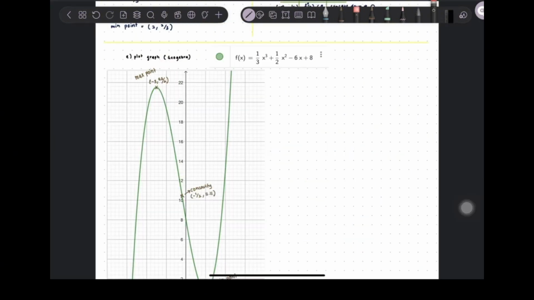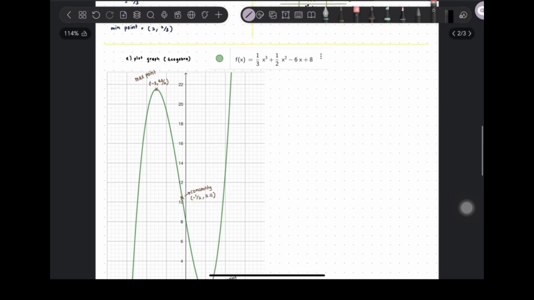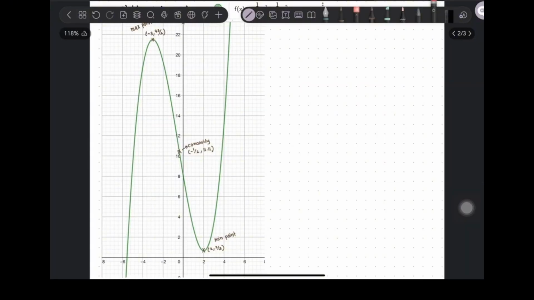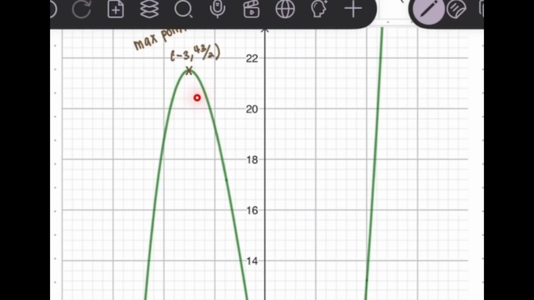And finally, let's look at the graph that I plotted using GeoGebra to verify everything. As you can see on the screen, when I put in the function f(x) = 1/3 x cubed + 1/2 x squared - 6x + 8, the graph perfectly matches my manual calculation. First, look at the peak here, x = -3.